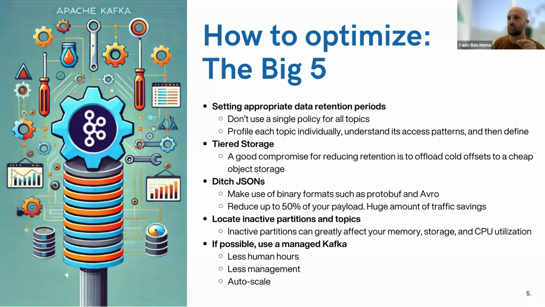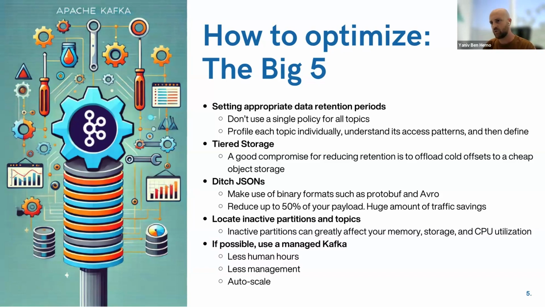So we increase the retention policy a bit. But from that into infinite retention policy or 7 days retention policy, that's something that usually we ignore, and there is a good chunk of cost reduction that can be achieved just by modifying data retention per topic individually and per use case. So it's crucial to profile each topic individually and understand its access pattern.